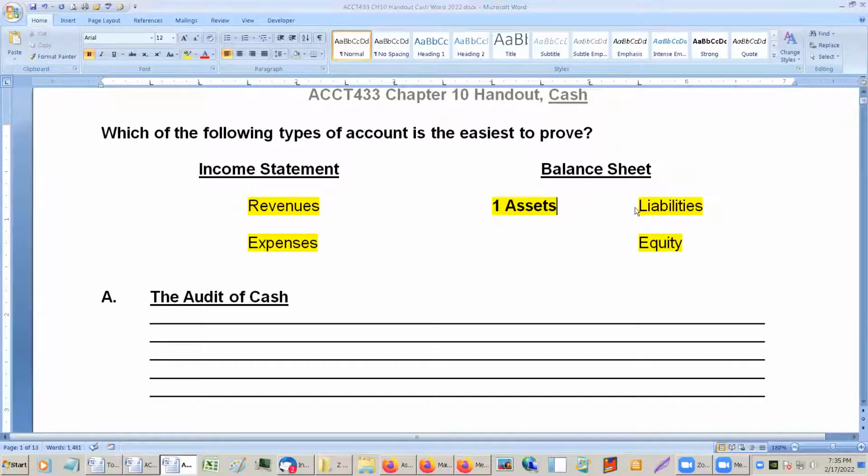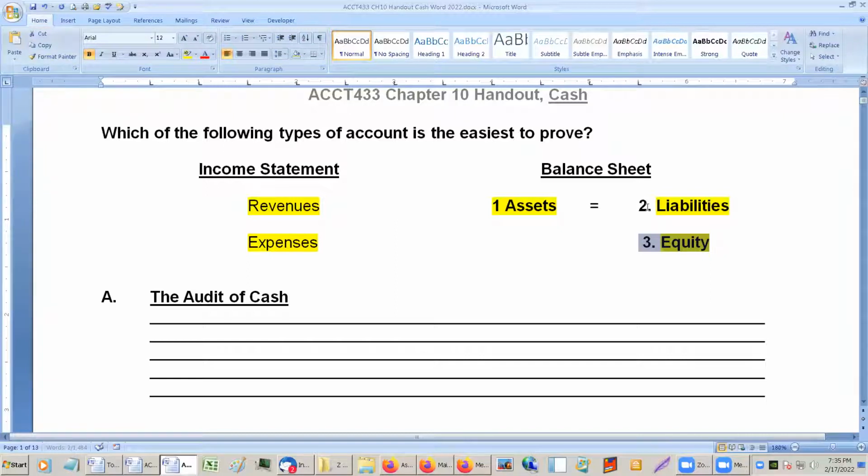Now, second, we go to liabilities usually. Now notice something, because assets have to equal liabilities and equity, and these two sides have to equal. Sort of by default, we've proven the equity.